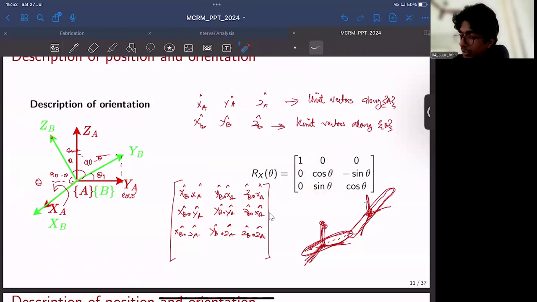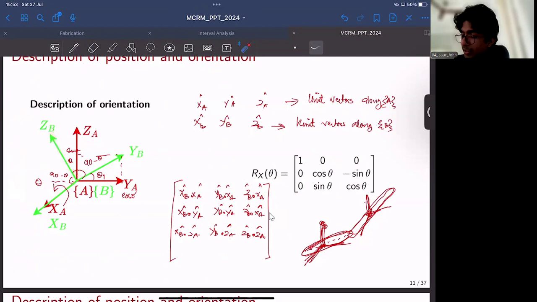And if you resolve ZB along XA, YA, and ZA, ZB along XA is again 0 because XA is out of plane and ZB is within the plane, so the dot product between ZB and XA is 0.